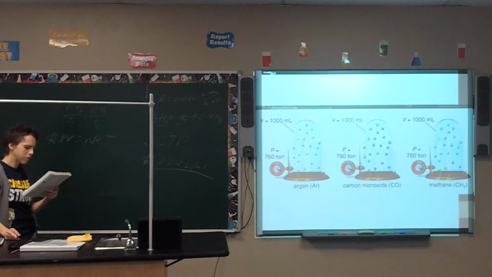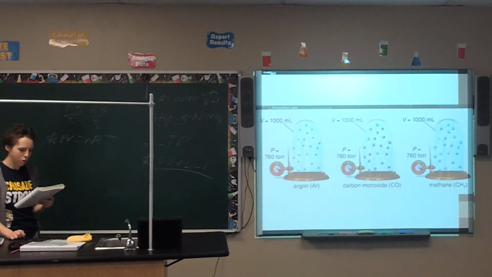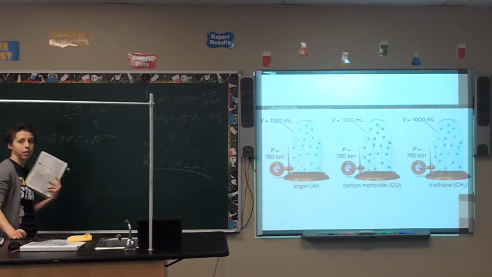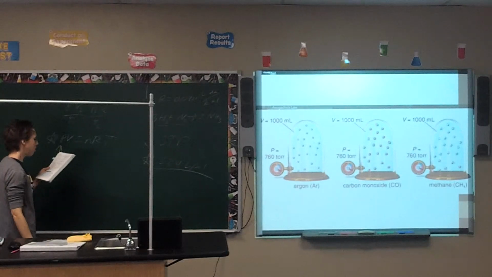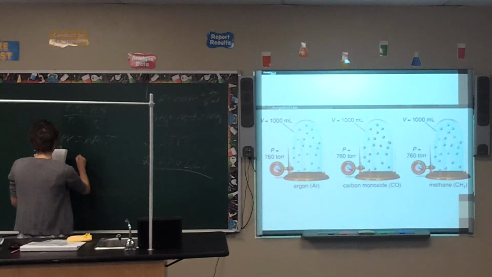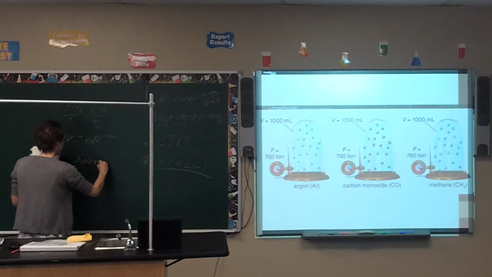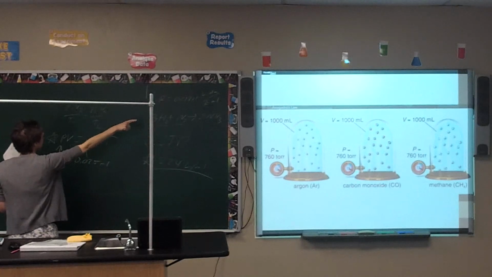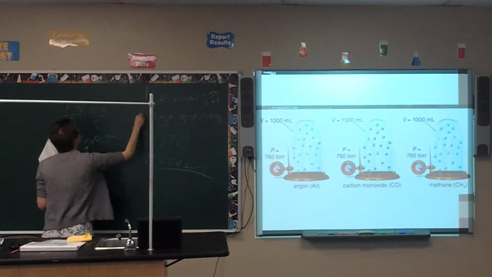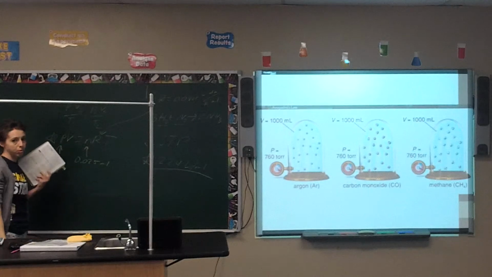What pressure will 0.025 moles of dioxygen exert in a 400 milliliter flask at 25 degrees Celsius? All right, so what are we finding? Pressure. This is what we're finding. The number of moles is 0.025 moles. I still did not leave myself enough space. R is still up there, so I'm just going to leave it up there. Temperature, 25 degrees Celsius.